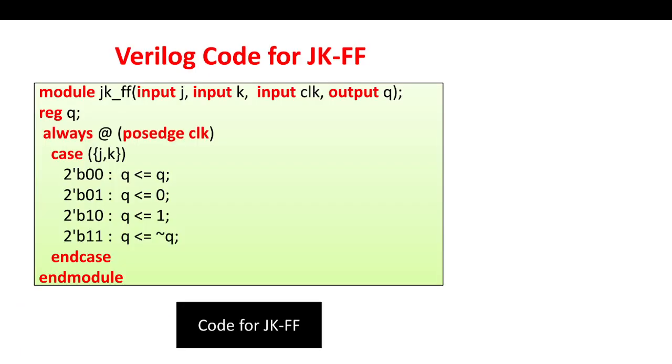So in the Verilog code here, we are using the case statement to define the different states. This is the concatenation operation, and we are concatenating J comma K, two values. And now if it is 0 0, we know Q, the next state, should be the same state.